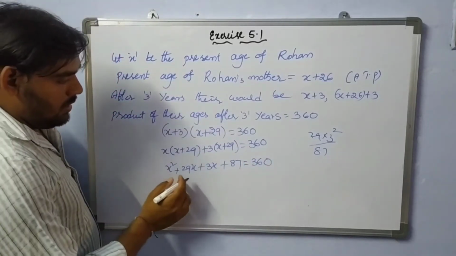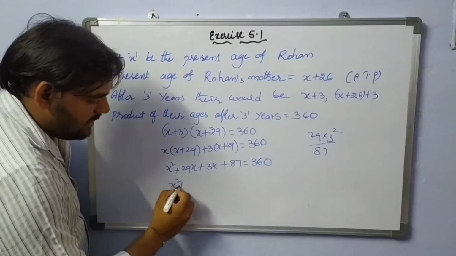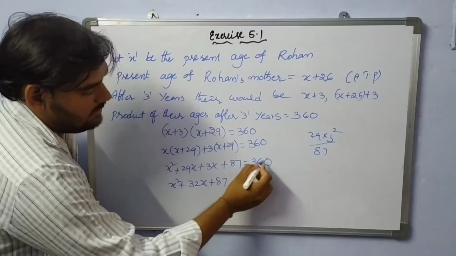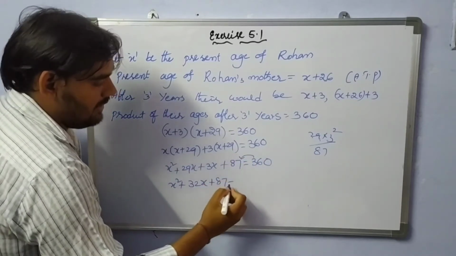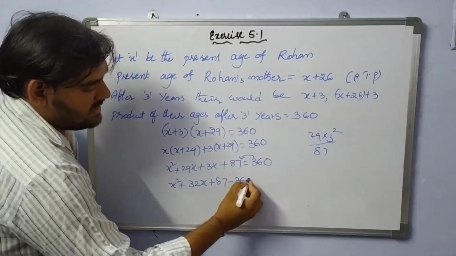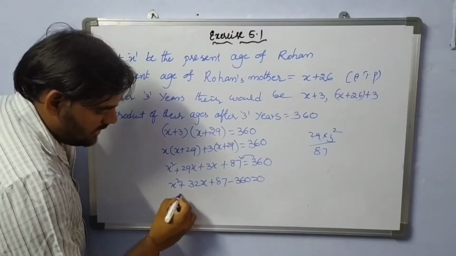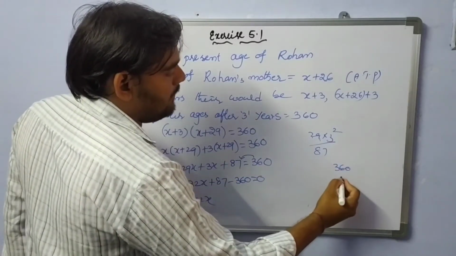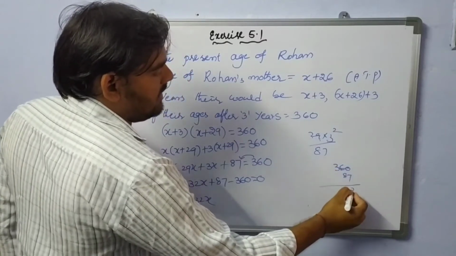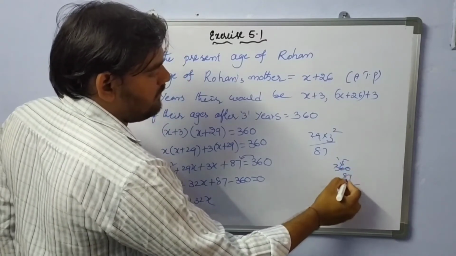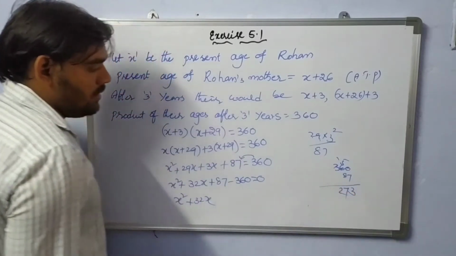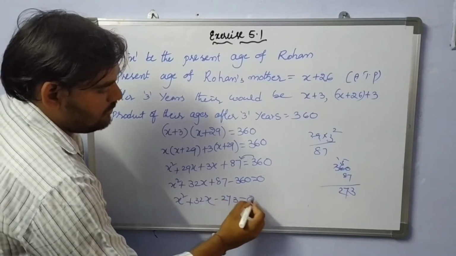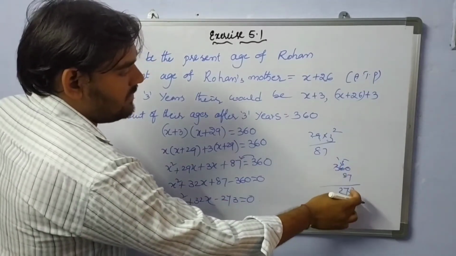Now here x square plus 32x plus 87, we need to bring to the left hand side, minus 360 is equal to 0. So x square plus 32x, 360 minus 87 is 273, so minus 273 is equal to 0.